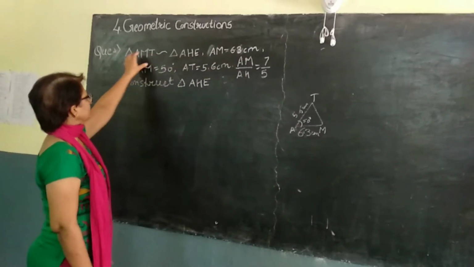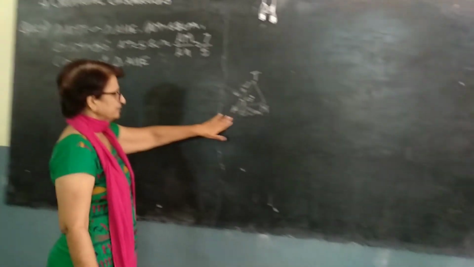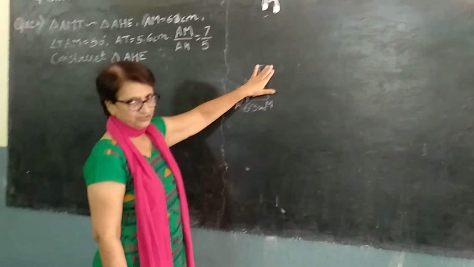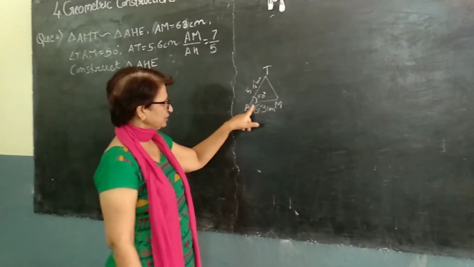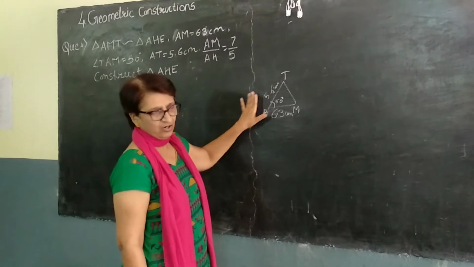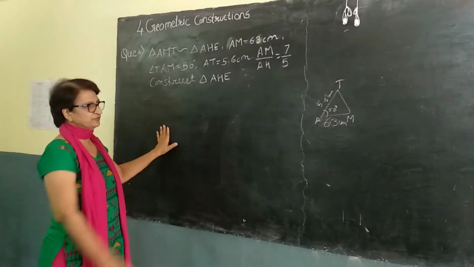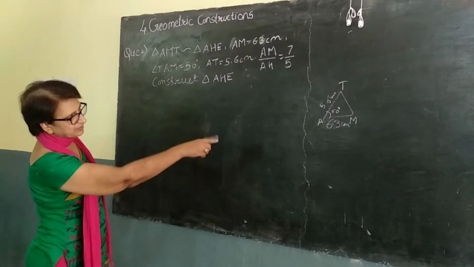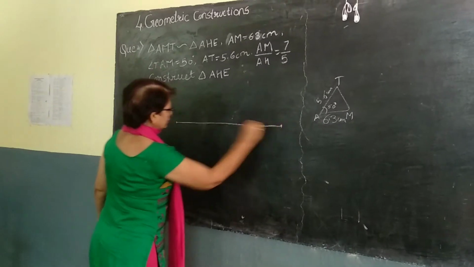First of all, I will draw a triangle AMT in rough. So here I drew the triangle AMT in rough, this triangle. I took the first line 6, just naming it 6.3, 50 degree, 5.6. On this basis, I have to construct a triangle first. So first I will construct this AMT triangle. Now, how much is AM that I have to take? 6.3.